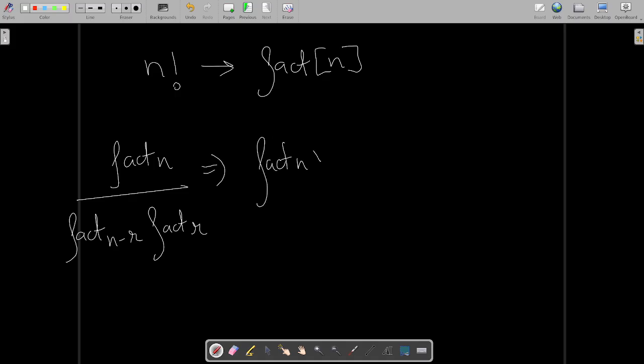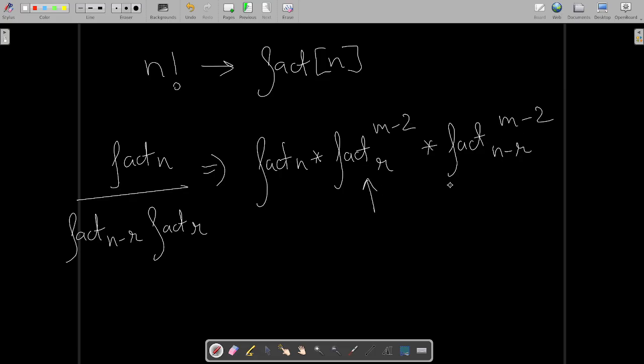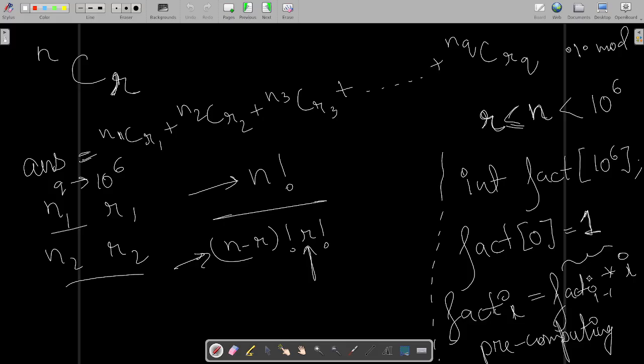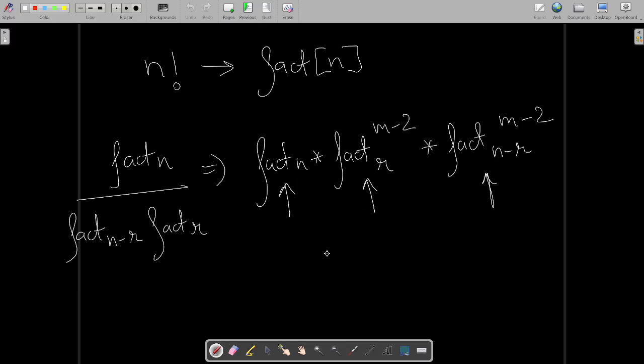Factorial of n times factorial of r to the power m minus 2 times factorial of n minus r to the power m minus 2. Remember that these are well below m. How? While calculating, we calculated them under the mod. So all these factorials are in the range 0 to m minus 1.